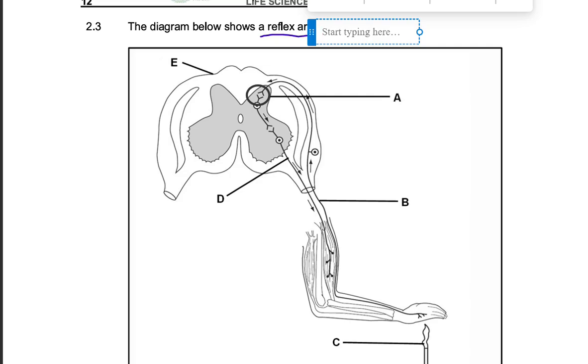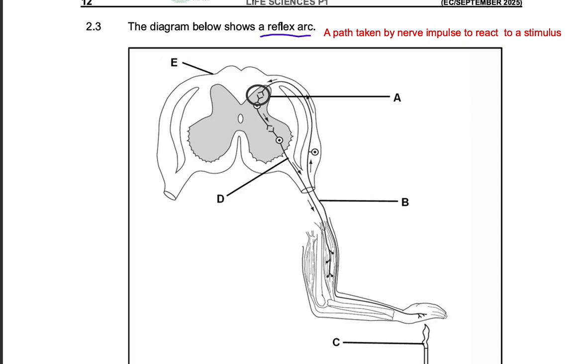So a reflex arc can be simply defined as a path that is taken by a nerve impulse to react to a stimulus. That is basically what a reflex arc is.